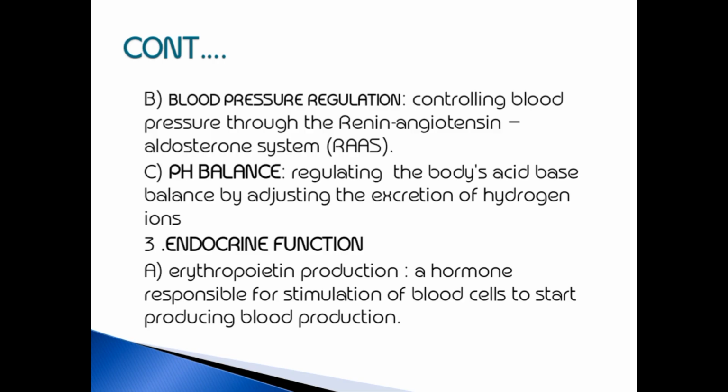If you do remember what we talked about in anatomy and physiology under the renin, angiotensin, aldosterone system, angiotensin is converted to angiotensin 2, a vasoconstrictor, causing the blood vessels to reduce in lumen.